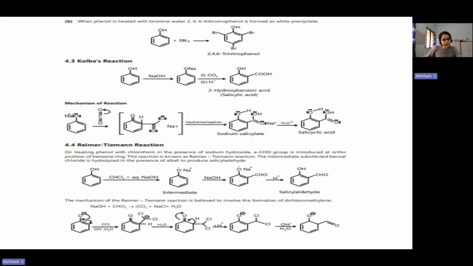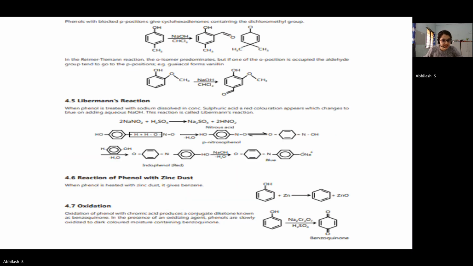Here you have to focus on this dichlorocarbene. Another more important thing is why the aldehyde is attached to the carbon only and not the oxygen: because carbon is the most electron rich center in the benzene, which is also stabilized by resonance. So the aldehyde group is attached to the carbon of the benzene ring but not to oxygen.